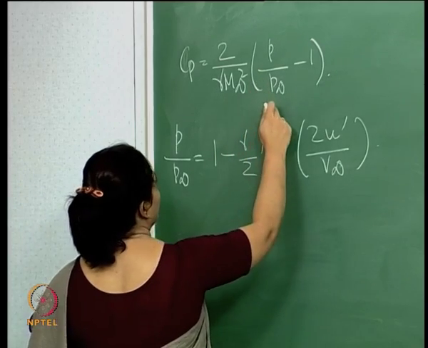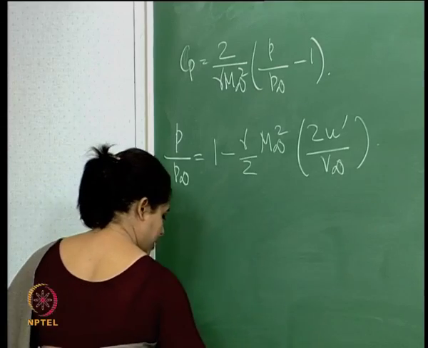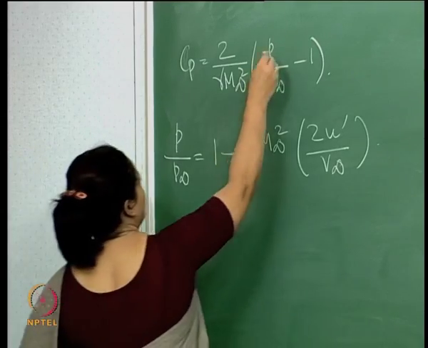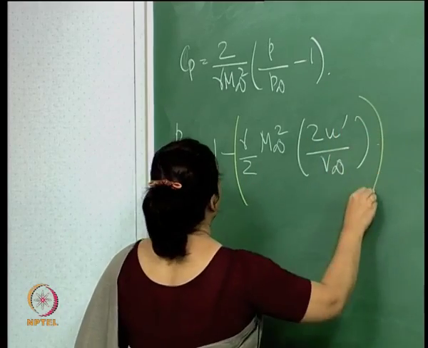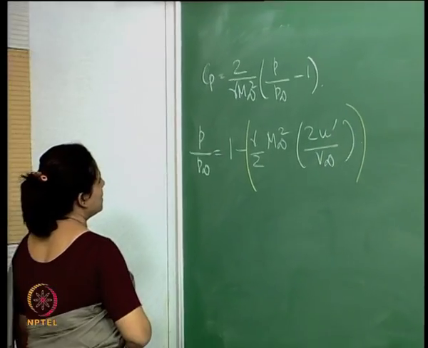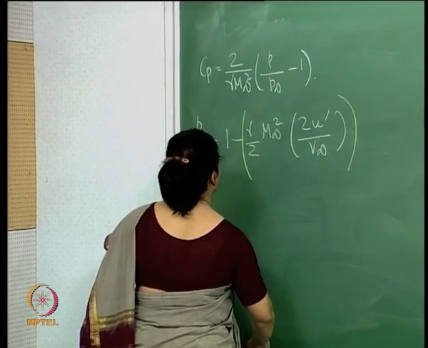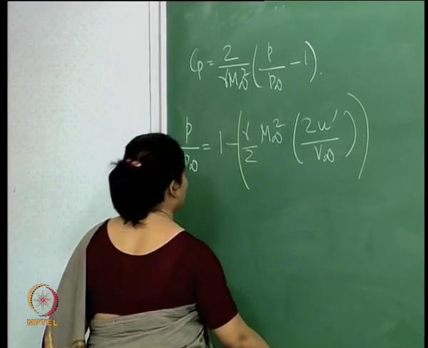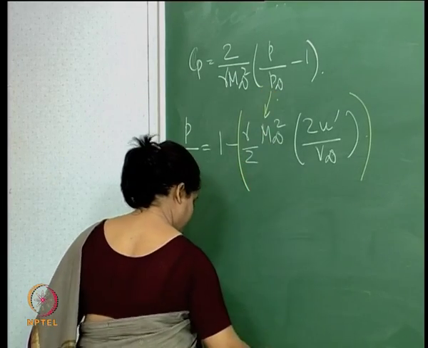So therefore, P by P infinity minus 1, this P by P infinity minus 1 is basically this term. So P by P infinity actually is just this term, okay.